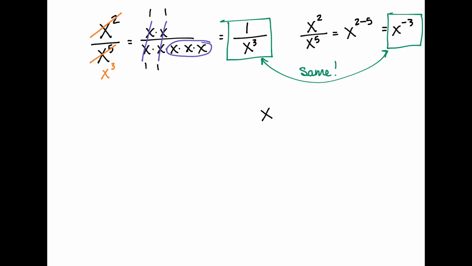A variable to a negative power, any negative power, negative 2, negative 7, negative 93, whatever, negative n, any number is equal to 1 over x to that power. So the negative moves it downstairs and becomes positive.